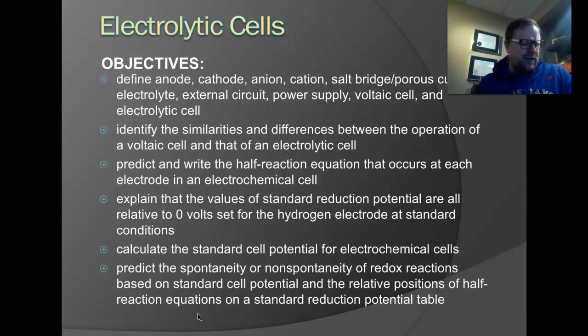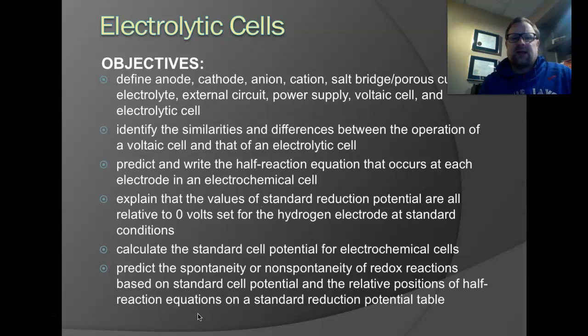So we're going to get into this right here. It should be a relatively quick lesson, I think, because you should have everything more or less down after covering everything you've done with voltaic cells and cell potentials so far.